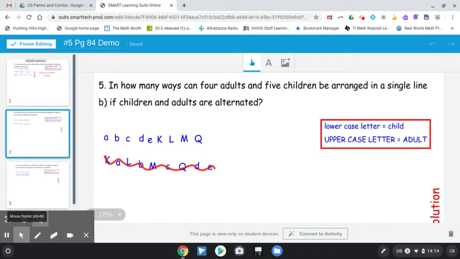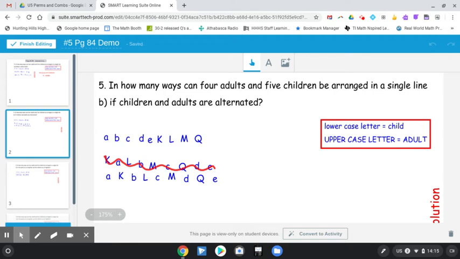So let's start with child A, adult K, child B, adult L, child C, adult M, child D, adult Q, child E. So there's one possible arrangement.